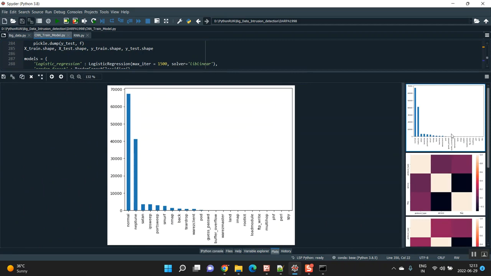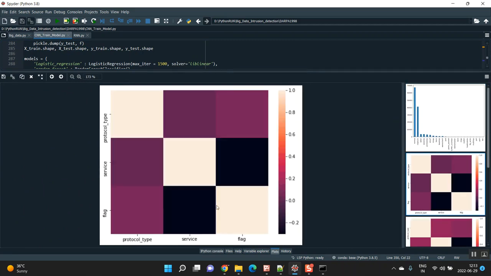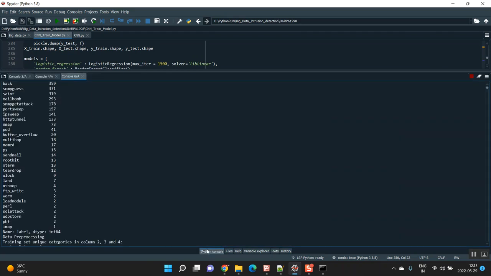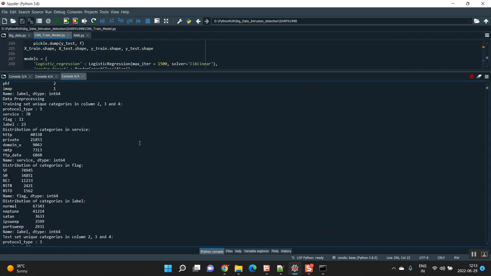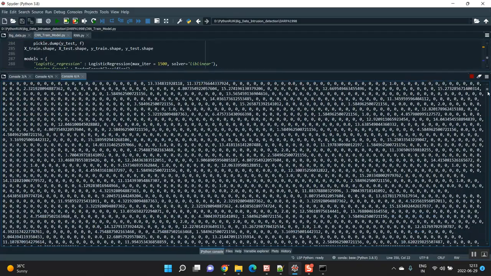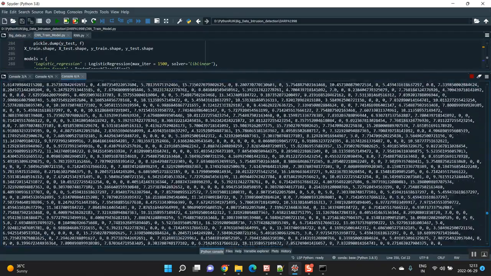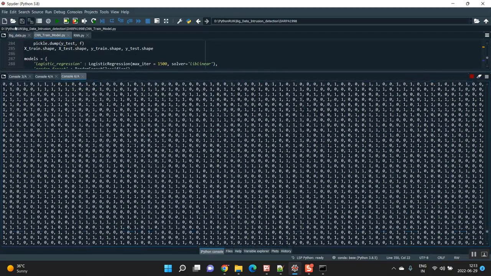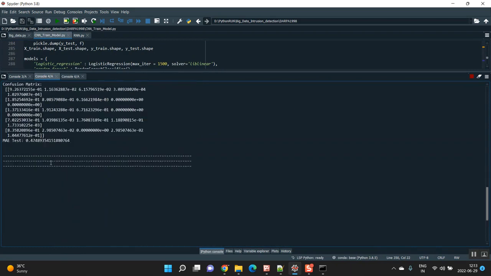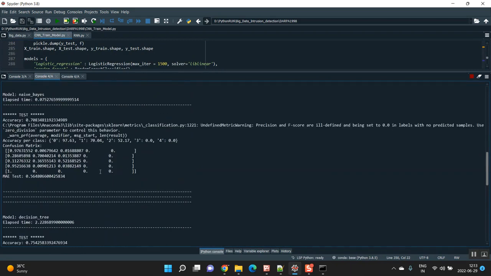I am segregating here based on flag, protocols and services, and overall for the data set, how much has been trained and tested, everything we are calculating. Finally it will calculate with RNN and provide you the result. So loading time will be high.